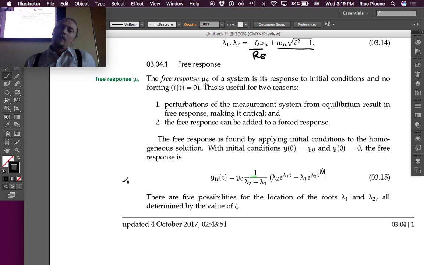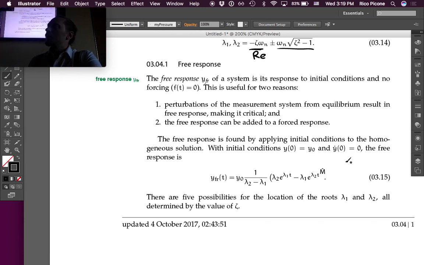So we're going to apply in this lecture, just to give us a little intuition, the initial condition y of 0 is equal to y 0, and then y dot at time equals 0 is equal to 0. So this is one possibility.